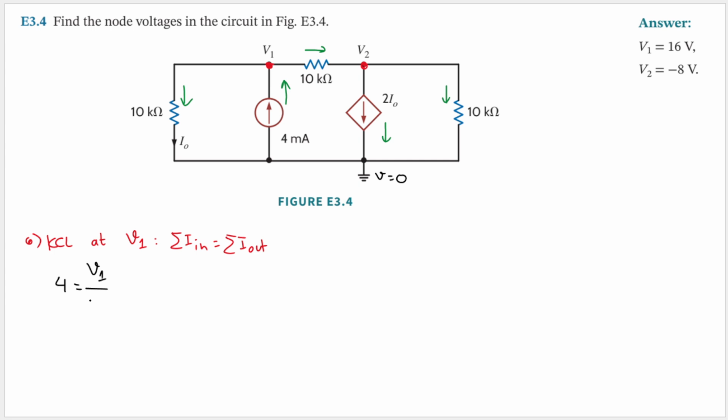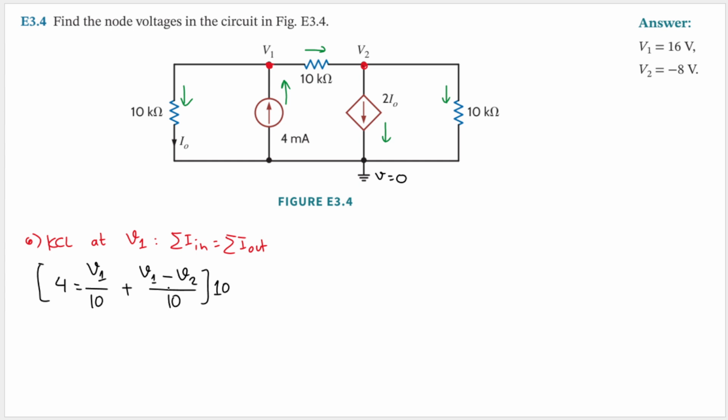So we'll have 10. And then for this one we will have plus V1 minus V2 divided by the resistance between them, which is 10. Okay, that is good. Multiply both sides by 10 to get rid of the 10 below.